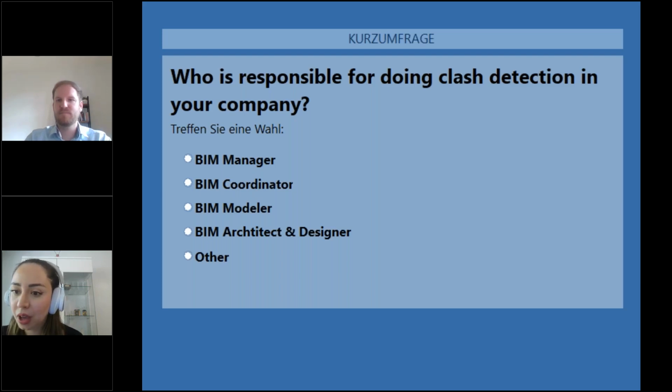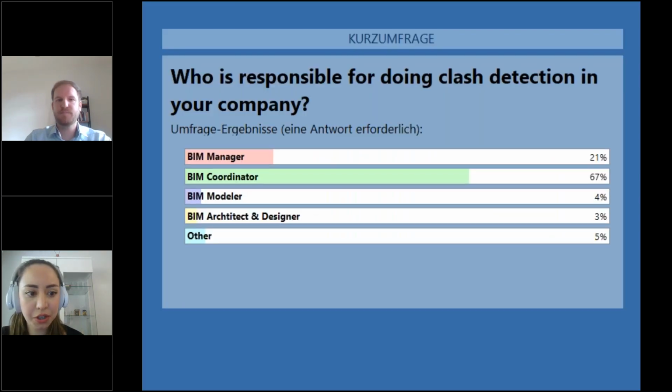All right, I see that a high percentage of you have voted already, so I will close the question and share the answers. That's BIM coordinator with the highest majority of 67%. It's not a surprise, but it's good to see other people here as well.